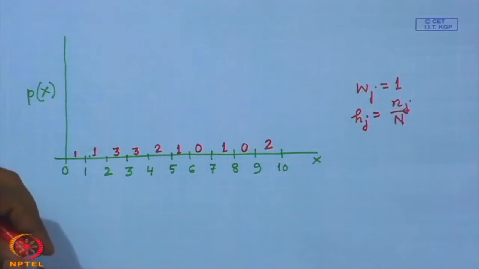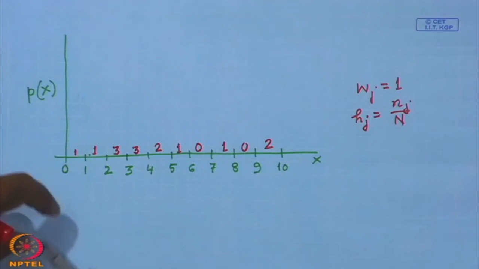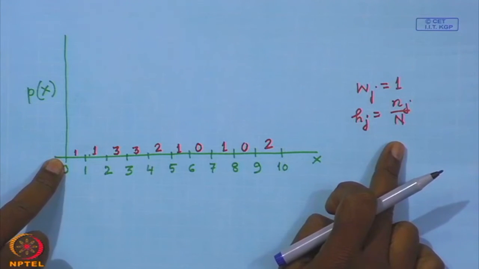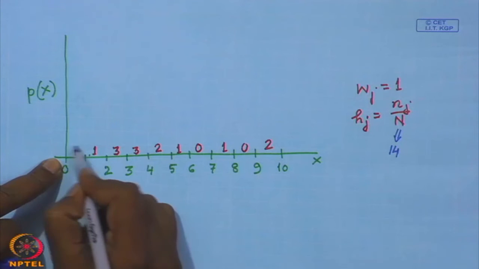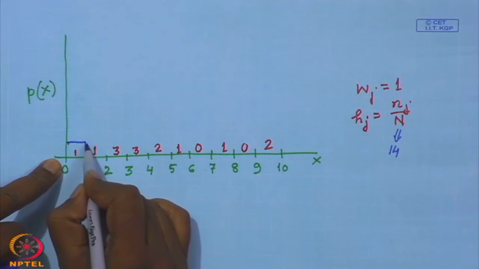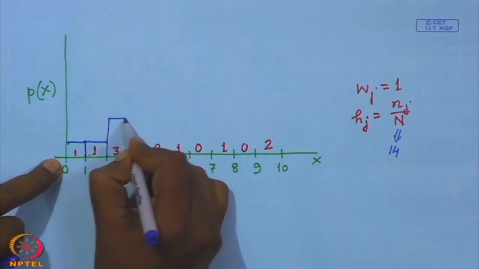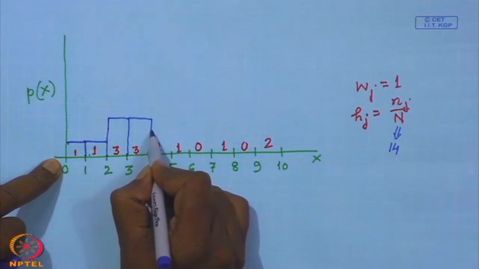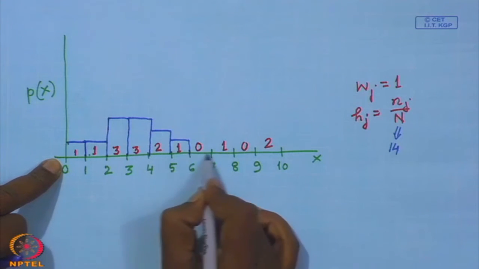So, if you follow this, you find that within this 0th bin, I will have a probability estimate which is nothing but 1 by 14, because only one sample is falling in this bin, and the total number of samples, or capital N, is equal to 14. So, this will be 1 by 14, this will be 1 by 14 again, this will be 3 by 14, here it will be 3 by 14 again, here it will be 2 by 14, here it will be 1 by 14, here no sample is falling within this bin.